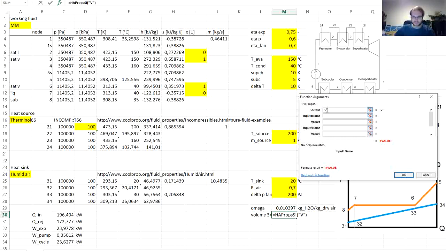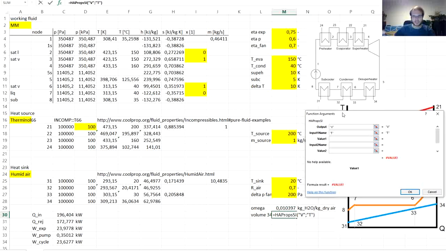Anyway, we want the volume, and the properties which we will use will be the temperature at point 34 at the outlet, then pressure, and the last one will be the humidity ratio, omega or W, which is over here.